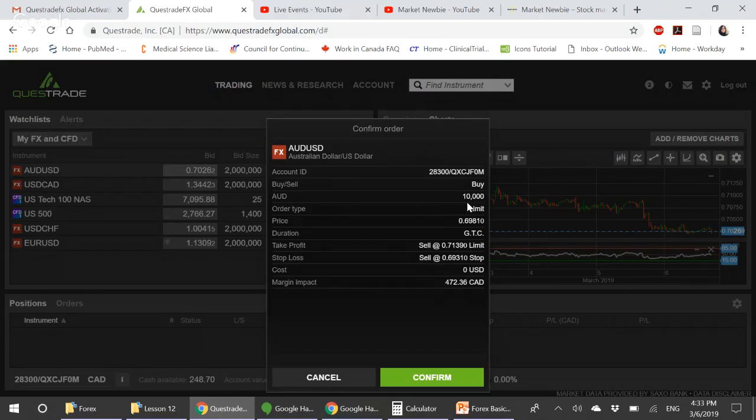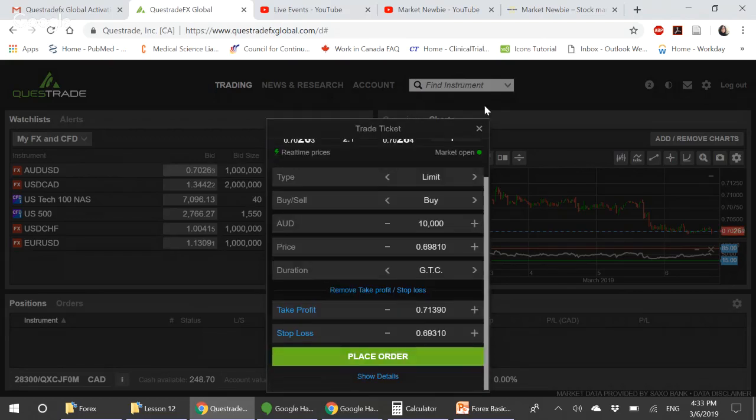Remember we said that you buy the currency on the numerator, and then you sell the denominator in the currency pair. So we discussed all of those, and if I hit confirm, my order will go into queue, and my broker will wait until the currency pair price goes down to hit my limit order, and then that's it. That's how I can plan my Forex position.